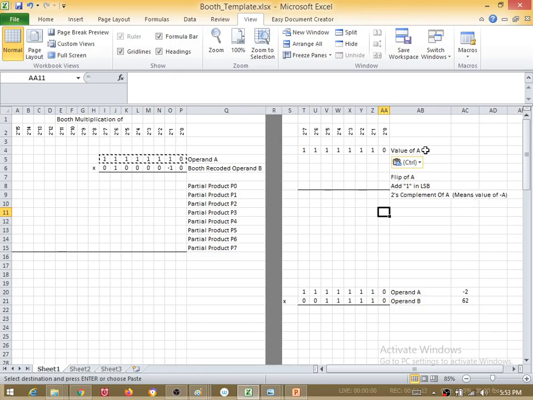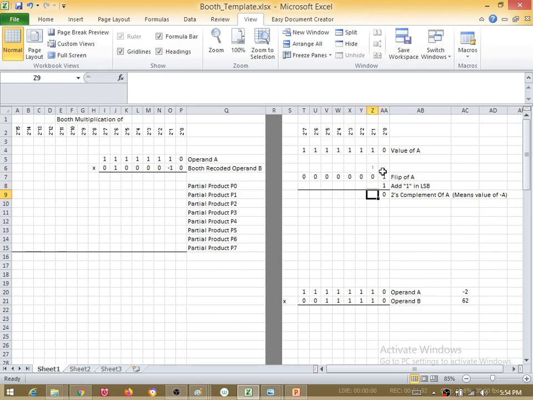Remember that the representation of A and minus A, or even the answer that we will find here, is always going to be in 2's complement representation. So how do we find the value of minus A? Take the 2's complement of this number, by first flipping the number. So I will flip the number to 0 0 0 0 0 0 0 1, and I will add a 1 in the LSB position. So 1 plus 1 is going to give me a 2, meaning a 1 and a 0.